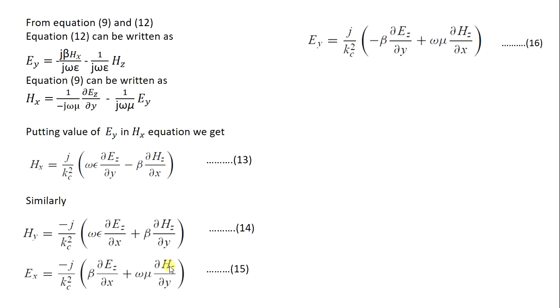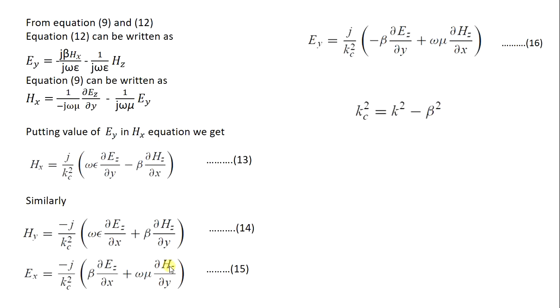We got the values of Hx, Hy, Ex and Ey in terms of Ez and Hz. Hx, Hy, Ex and Ey are the transverse components and Ez and Hz are the longitudinal components. So we have written all the transverse components in terms of the longitudinal components.